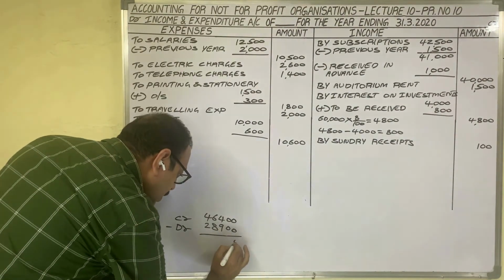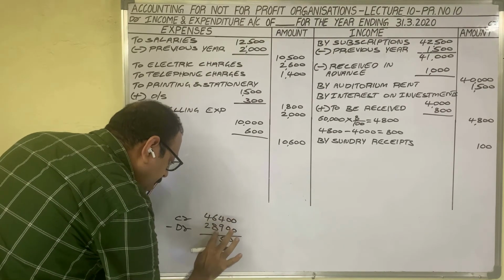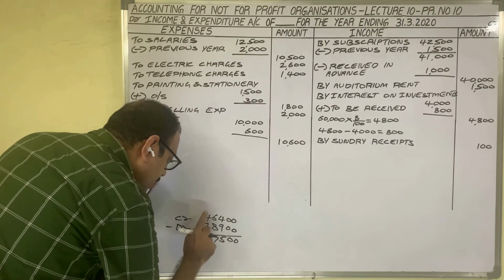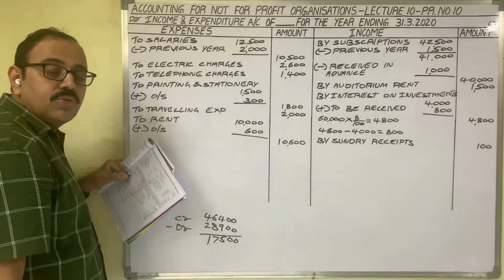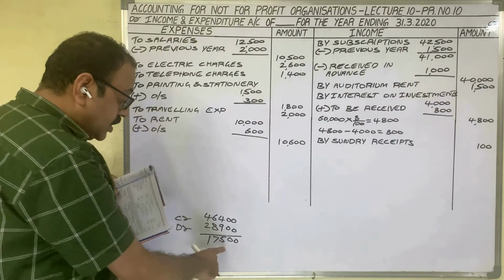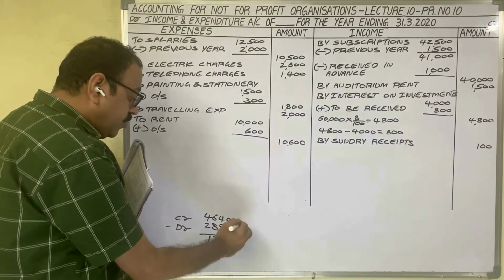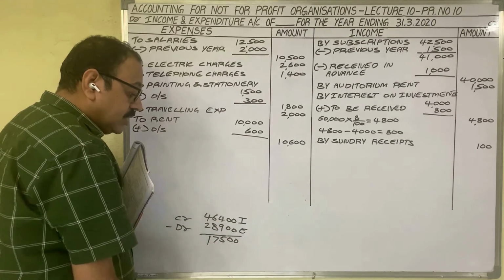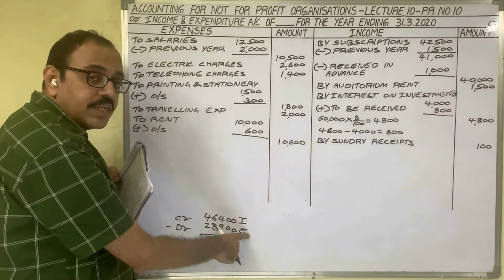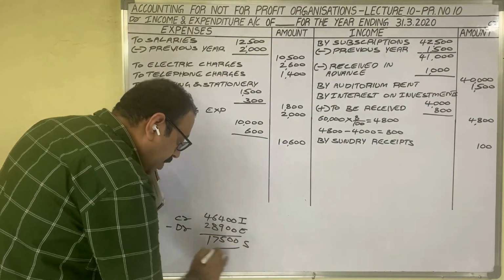Then the difference is 17,500. So this answer is surplus because credit side we wrote incomes, debit side we wrote expenses. Income is more than expenditure. Therefore, the difference is known as surplus.